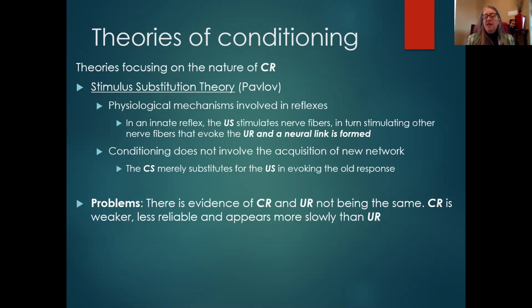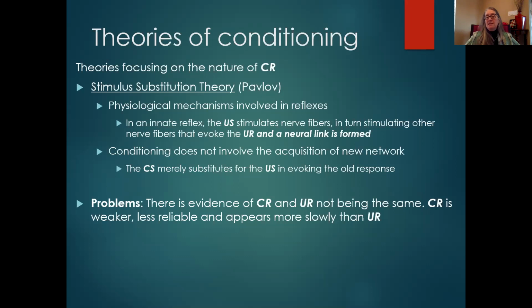He believed that the CS becomes a substitute for the US, that on a neurological or physiological level, the metronome starts to do exactly what the food used to do in the dog. Okay, so it doesn't involve a new network, it's the CS substituting for the US and it leads to the new response. Now, the problem with this is if that really were the case, then the CR and the UR should be the same.